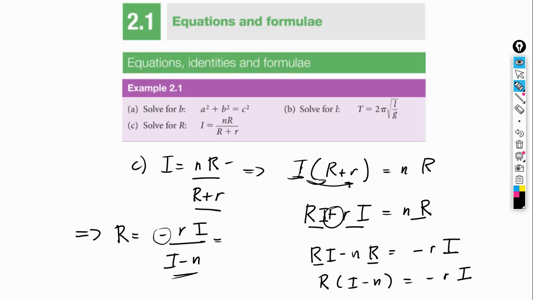We can rewrite this as minus r times I over minus, notice that I'm switching the order here, (n minus I). So this cancels out, and now I have everything in positive terms. So we have that R is going to equal, and we like to arrange things in alphabetical order, I times small r divided by n minus I.